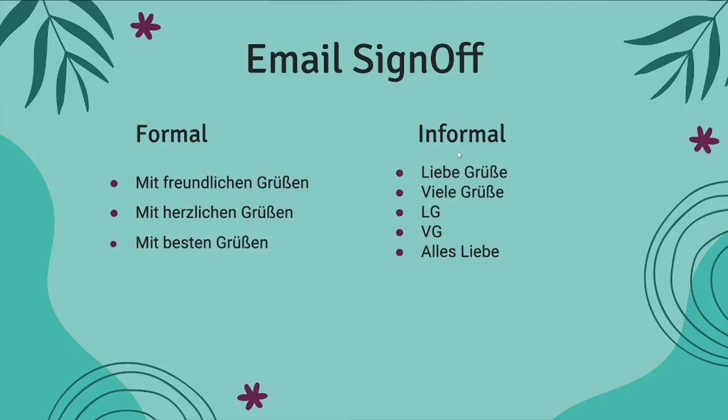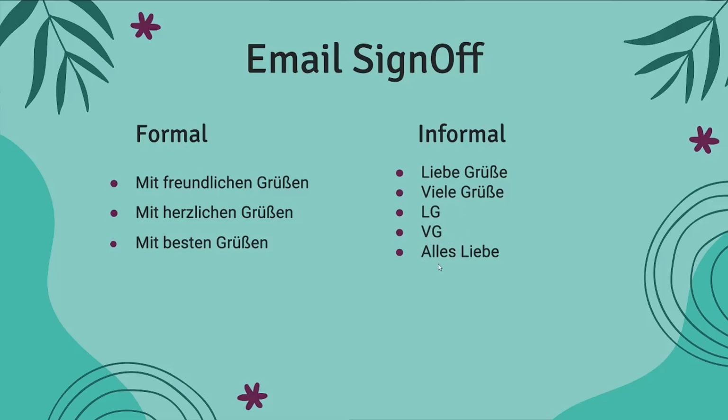And for informal emails, if it is a very close person, a very known person, you could write liebe Grüße, like dear or with love. Viele Grüße, many greetings. The short form of liebe Grüße is LG, and the short form for viele Grüße is VG.